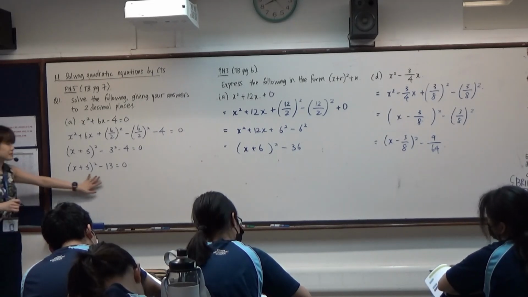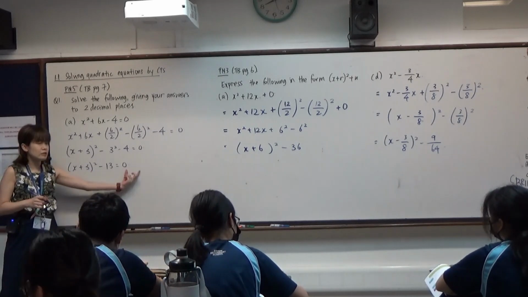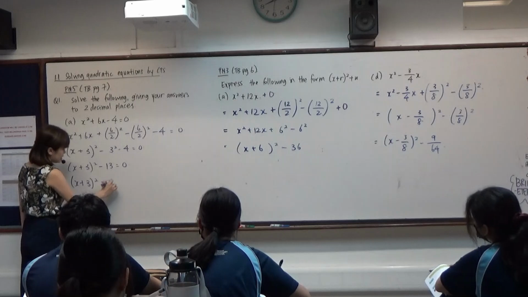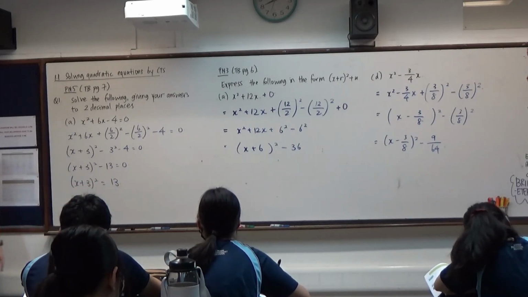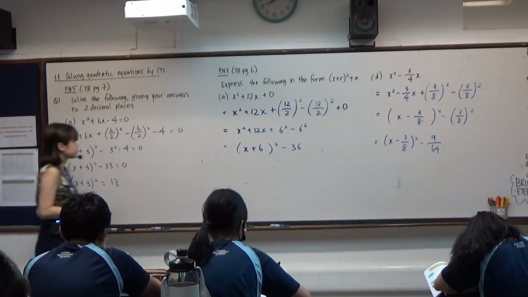Once we have done with the completing the square, we move this minus 13 over to the right side. Then it arrives at what we want, where we can do square root.